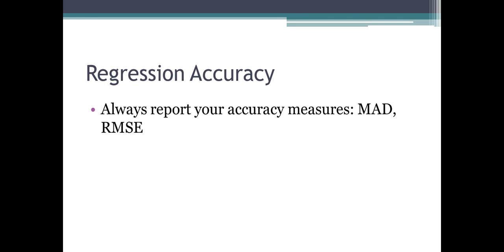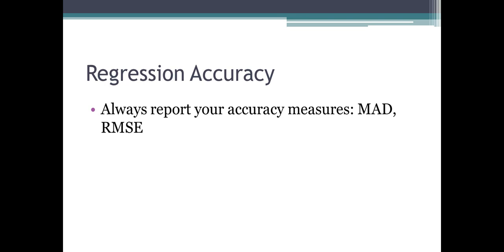It calculates the percentage of variation in the variable you're trying to forecast that is explained by your model. So always look at and report your R-square. You want your MAD and RMSE to be as low as possible. You want your R-square to be as high as possible.